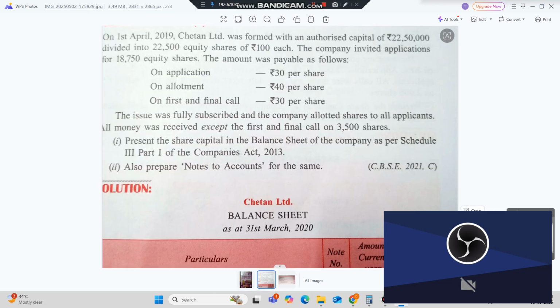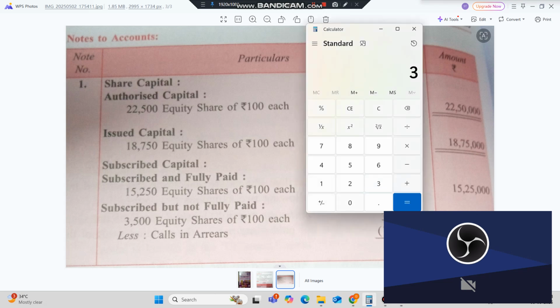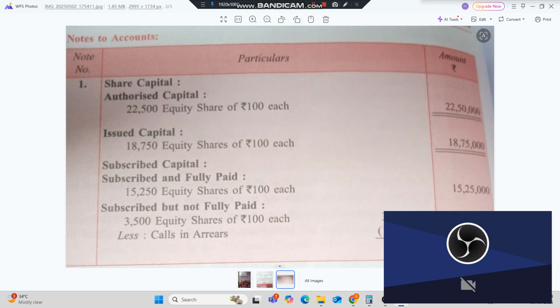The first and final call amount is 30, so 30 into 3,500 is 1,05,000 yet to be received. That is calls in arrears. So we deduct the 1,05,000 from the subscribed but not fully paid shares, 3,50,000, which gives 2,45,000.